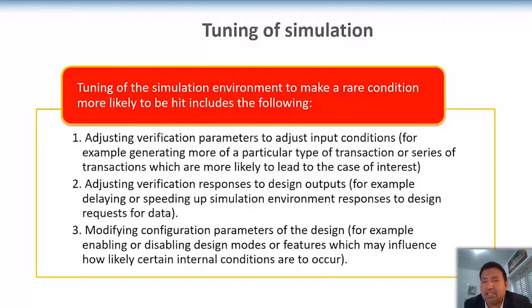Now, tuning of simulation. This is very, very important, because how do you tune the simulation to be effective, efficient, and make effective use of all the resources, computer resources, human resources, all the things, right? What do you do? As I told, there is a functional coverage model and there's a stimulus generation model.